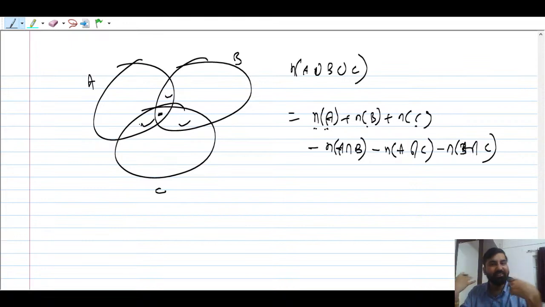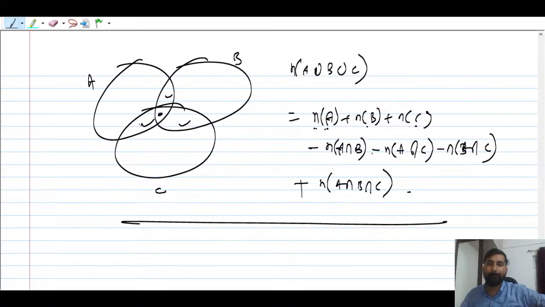That common element is corrected already, but you have to include that element too, so you have to take it here. Already you have done over counting and then corrected everything, but one element common to all has to be added back. This is a very important concept.